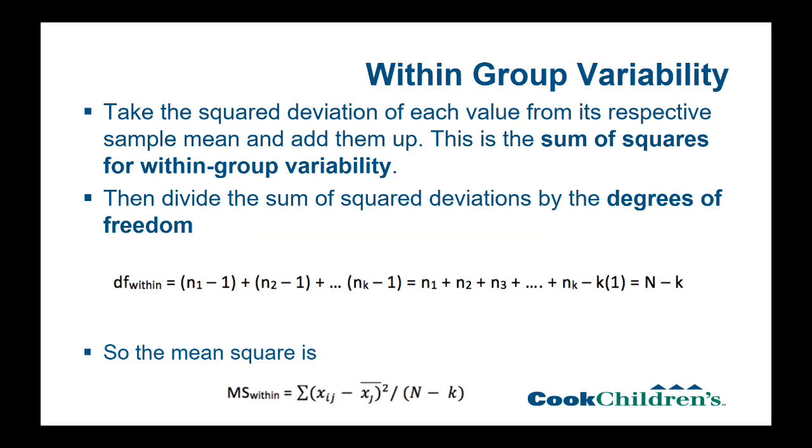After you've done that, you take the squared deviation of each value from its respective sample mean, you add them up, and then you have the sum of squares for within group variability. Then you divide by the degrees of freedom. The degrees of freedom in this case is n minus k. From there, you have the mean square within group, the mean square of the within group variability.